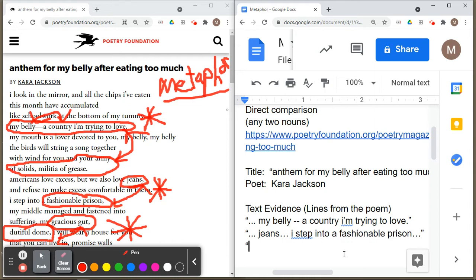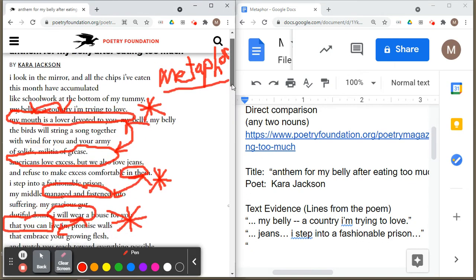And so here I have jeans, and I know that this is referring back to the jeans. And so I put these ellipses here, dot, dot, dot, to let the reader know that there are words here, but I wanted jeans and I wanted fashionable prison. So I wanted to include those two together.